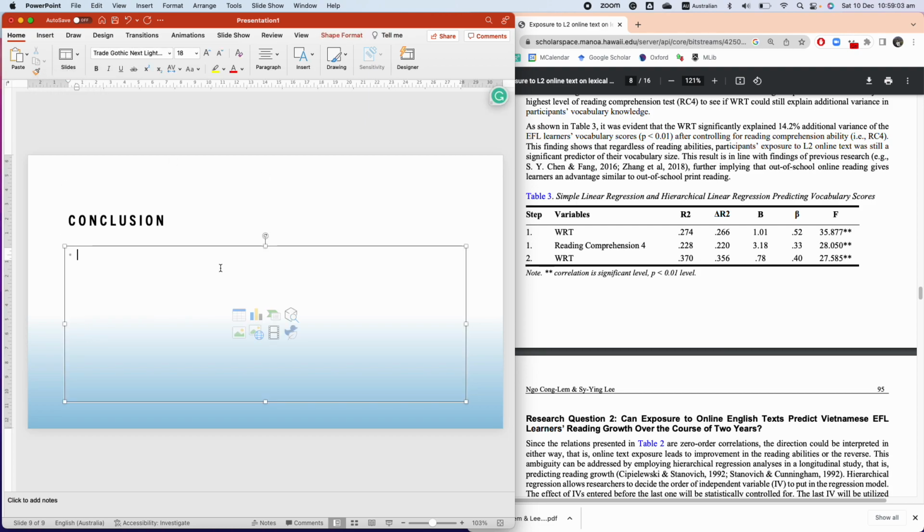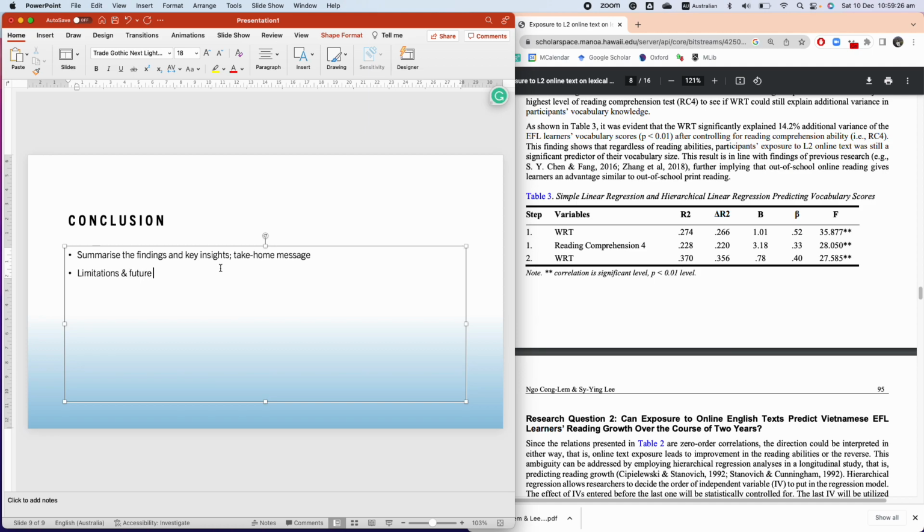You summarize the study findings again and key insights. It's very short, like a take-home message of your study. You also need to talk about the limitations of your study and future directions.